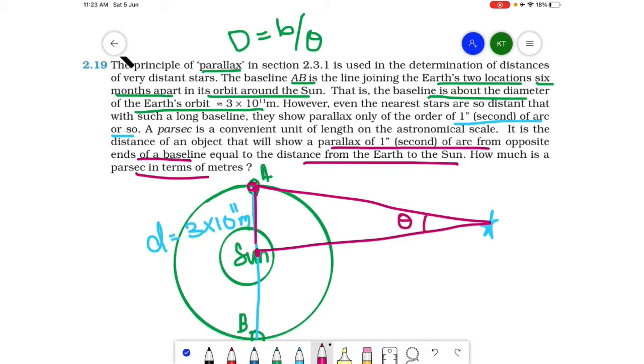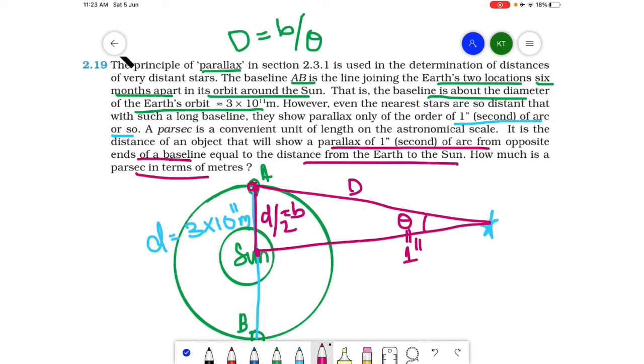This we've got theta here. So this distance will be equal to d by 2. So b is equal to d by 2. Theta, they've given it as 1 second. Theta is equal to 1 second. 1 second of an arc from opposite sides.